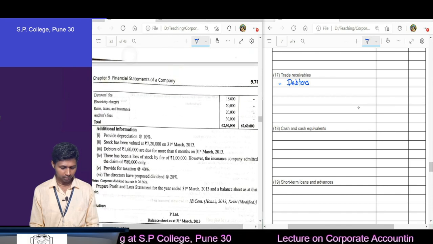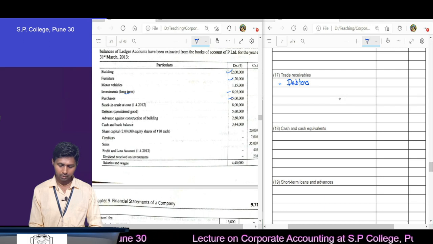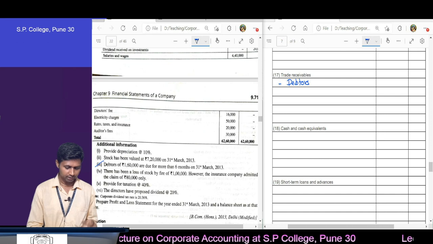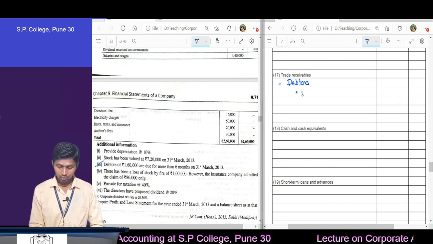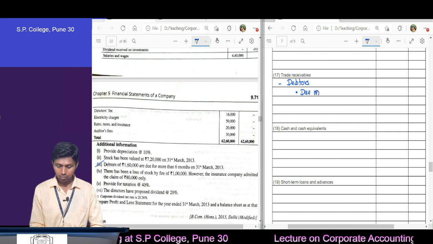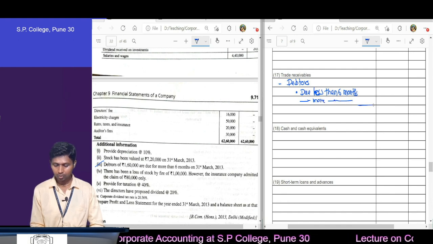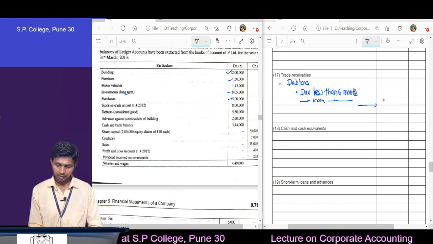I think we do have an adjustment related to the disclosure part of debtors. Therefore what to do, where to write what they are saying related to debtors? Now check the adjustment as well. Related to debtors, they are saying due less than 6 months and due more than 6 months, and the total amount given in the trial balance is 5,60,000.